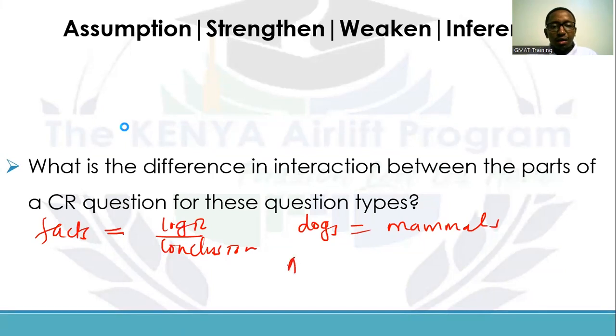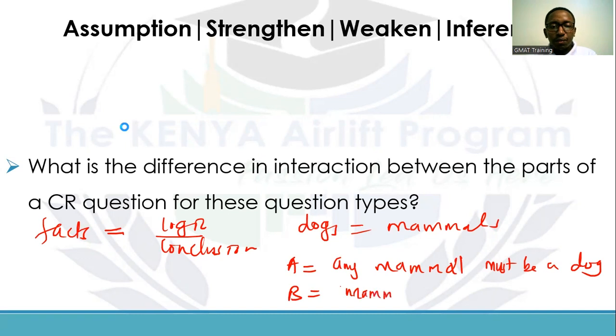A is any mammal must be a dog. And then option B, any mammal may be a dog.